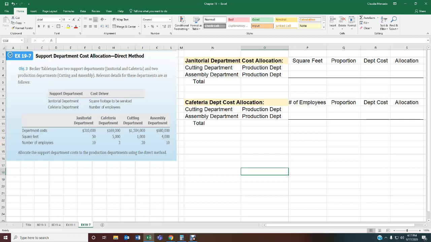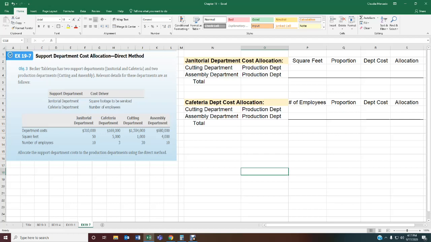Okay, so it reads, Becker Tabletops has two support departments, the janitorial and the cafeteria, and two production departments, the cutting and the assembly. Relevant details of these departments are as follows.